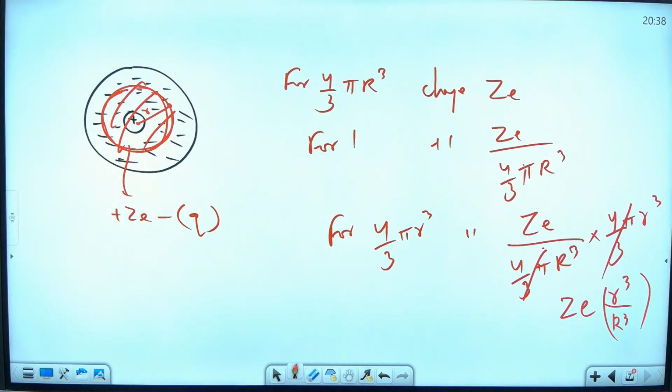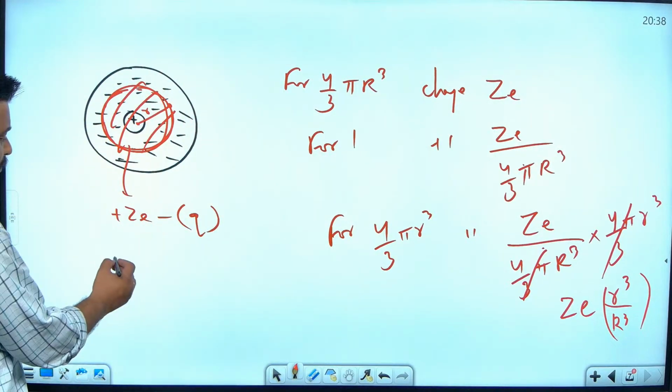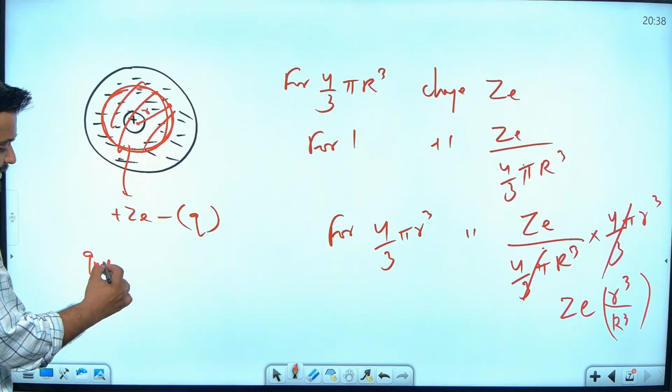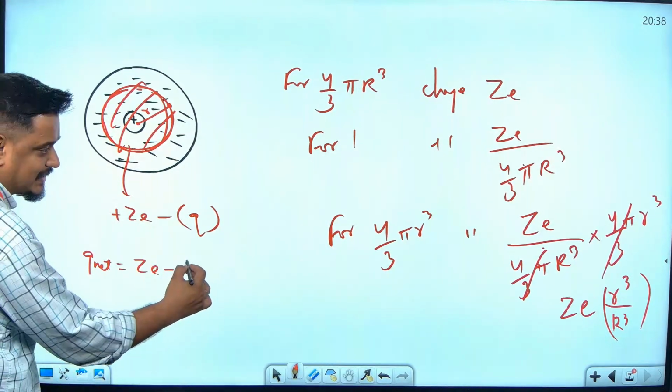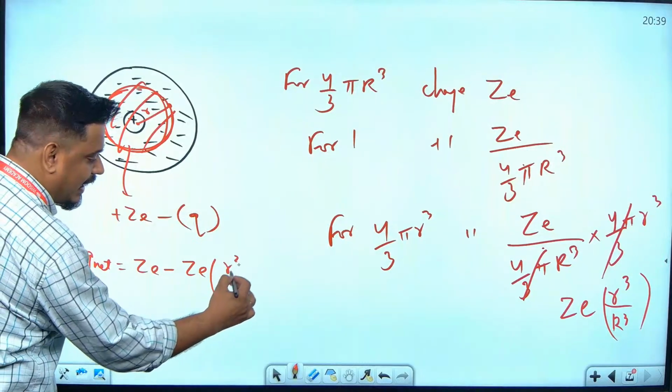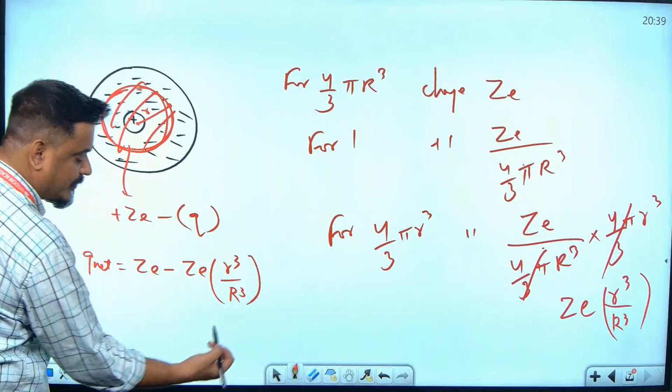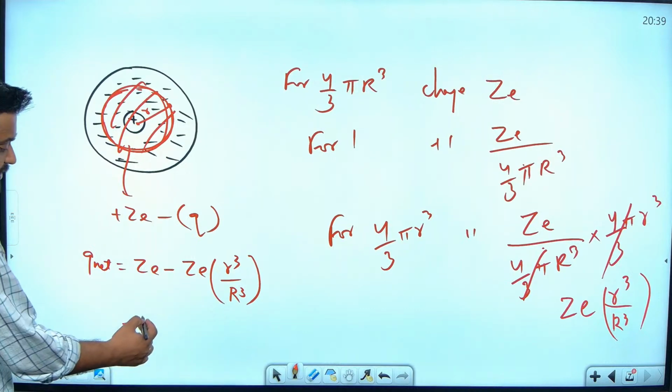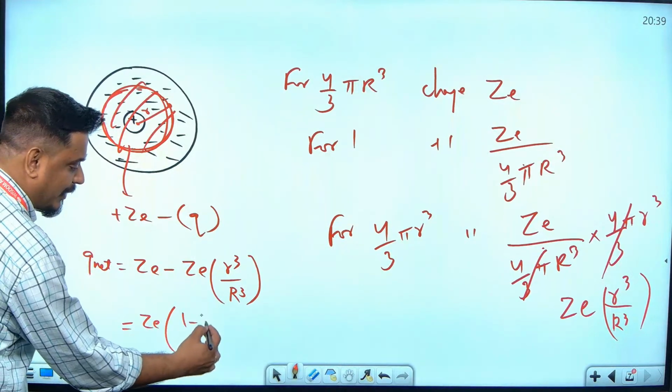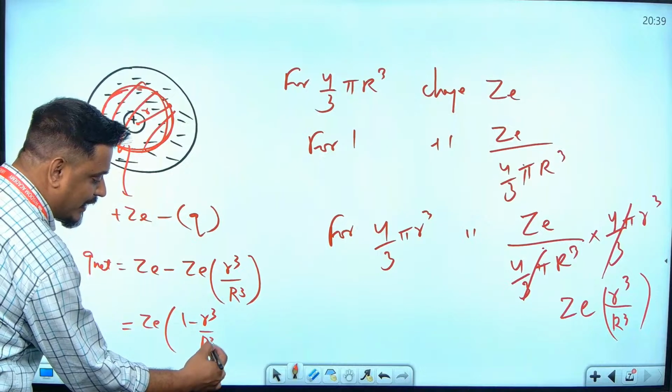Yes, sir. Now this is the value of charge. I am going to put it here. So net charge Q net is ZE minus ZE into r cube by R cube, right Shaktivel? Yes, sir. Then if I take ZE common, it becomes 1 minus r cube by R cube, right?